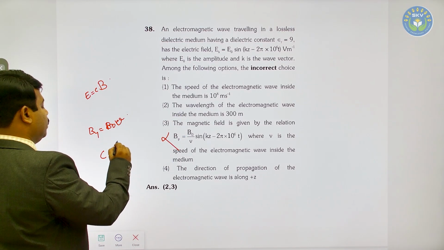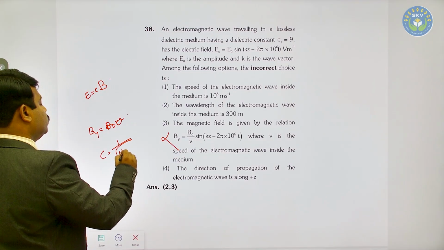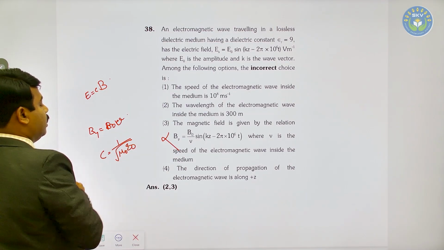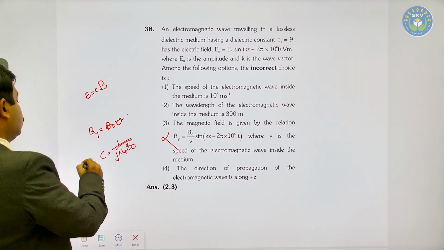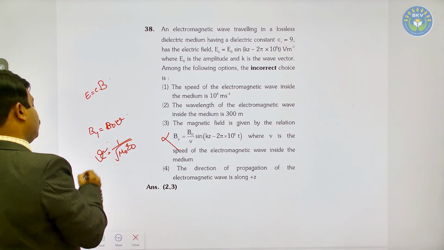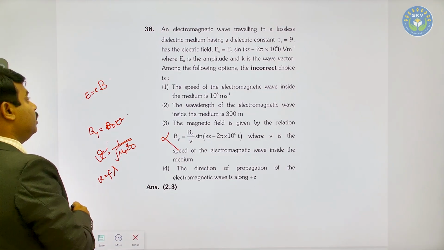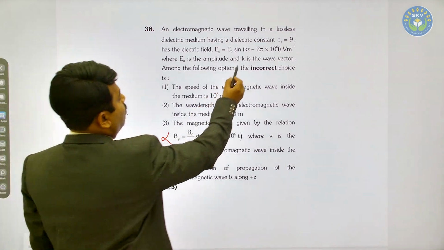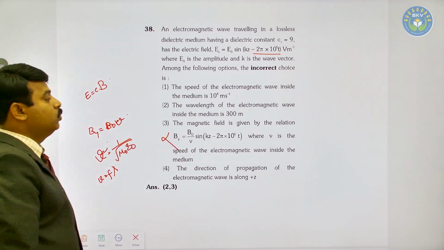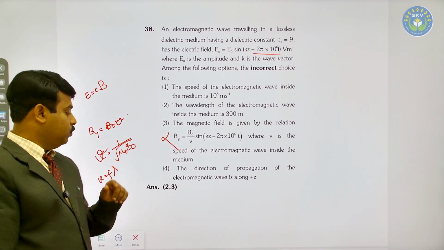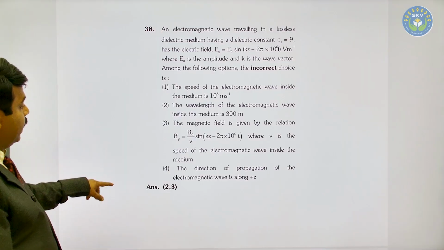You calculate 1 by root of mu 0 epsilon 0 and find the velocity. Once the velocity is found, v is equal to f lambda, and the omega value is given. You solve and find that it is not 300 meter. That's why it is a bonus mark, right?